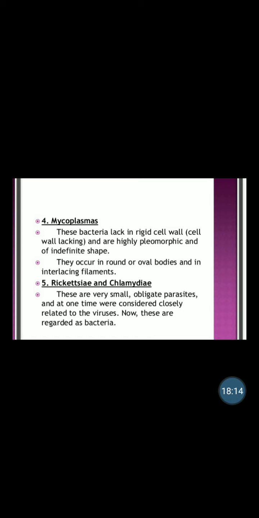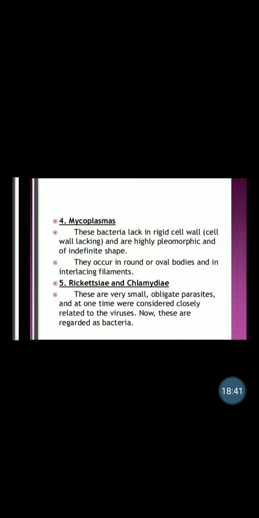They occur in round or oval bodies and in interlacing filaments. Then rickettsia and chlamydia, these are very small obligate parasites, and at one time were considered closely related to the viruses, now these are regarded as bacteria.